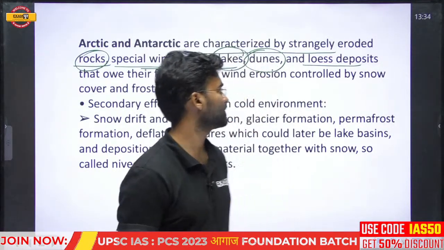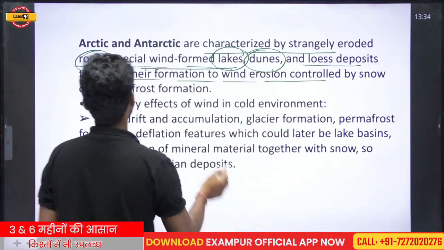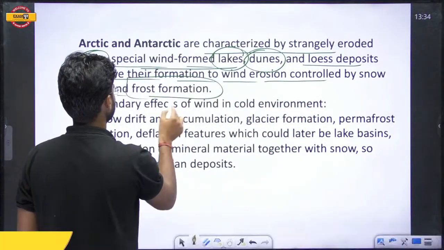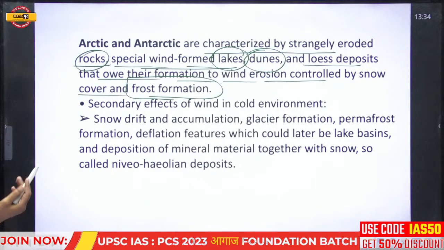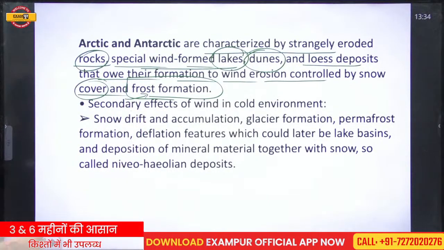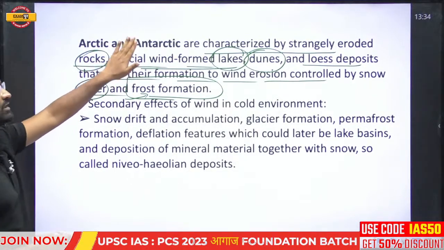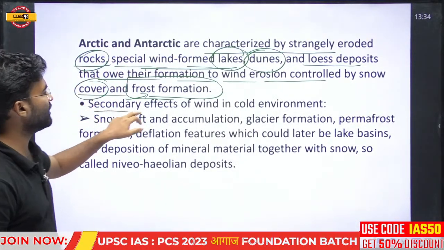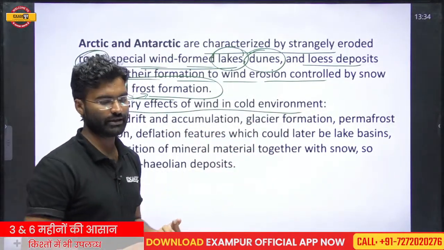This is the loess. That or their formation by wind erosion is controlled by the snow cover and the frost formation. So in this region this feature is seen, the secondary effect of the wind in the cold environment.